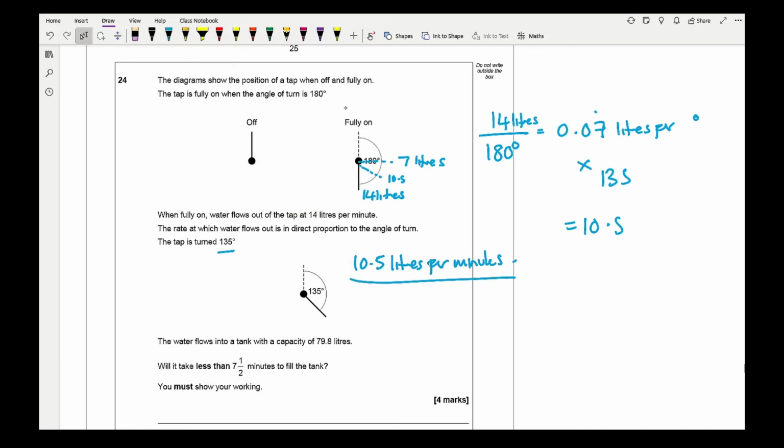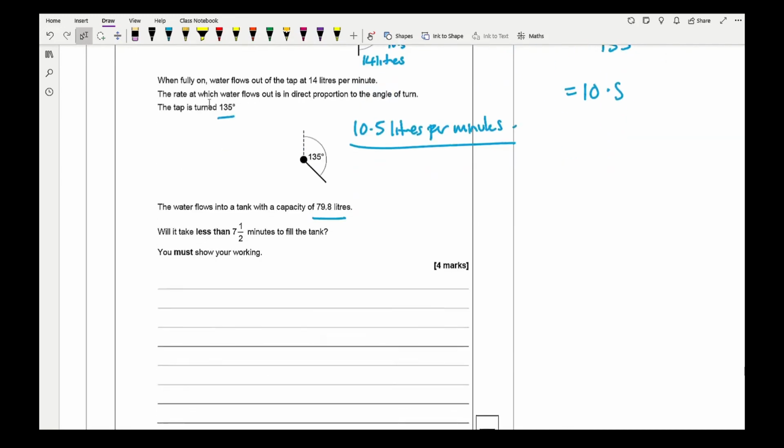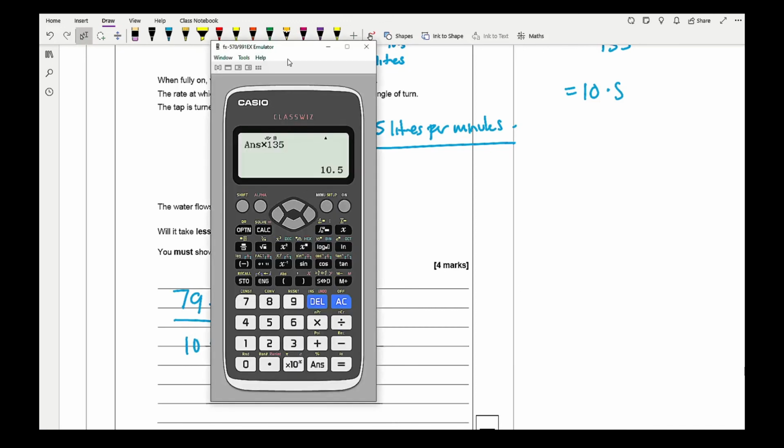Now it says that the water tank is 79.8 litres, and the question is saying, will it take less than 7.5 minutes? So what I need to do here is 79.8 divided by 10.5 and type that into my calculator. Hopefully the answer is going to be less than 7.5, so let's have a look to see if that is true.